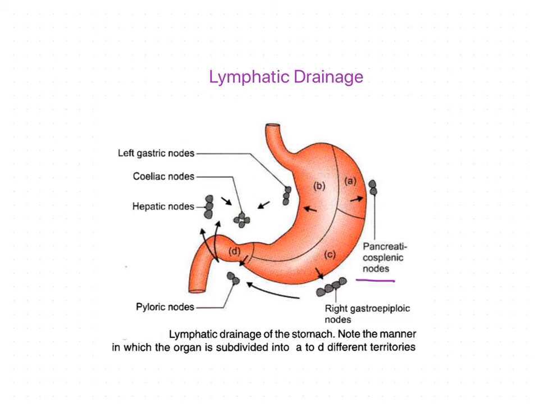Area B, which is the right 2/3 of the stomach, drains into left gastric nodes and also the celiac nodes.